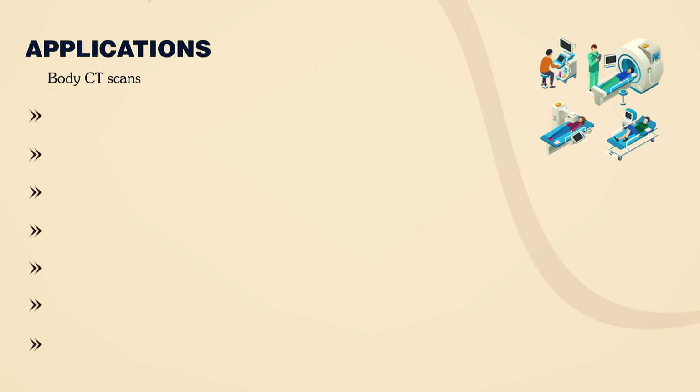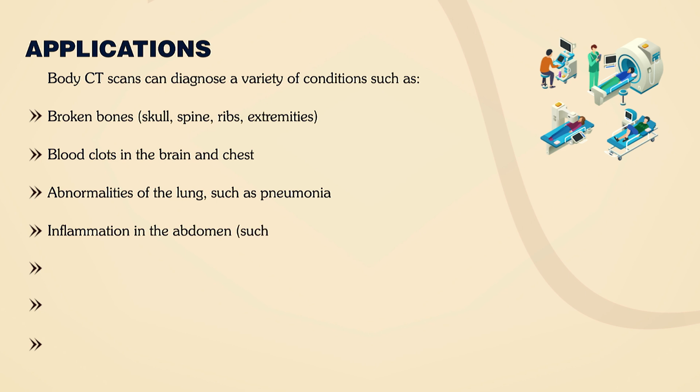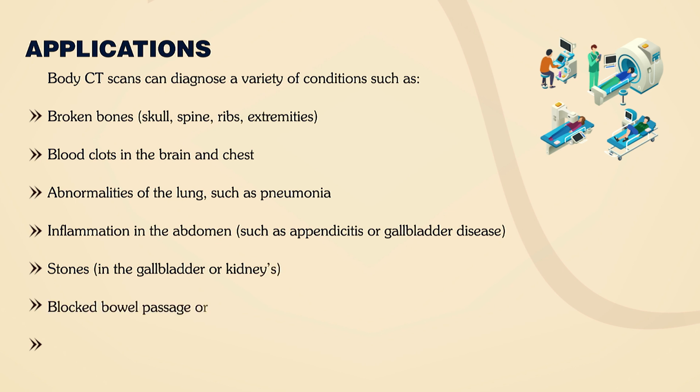Body CT scan can diagnose a variety of conditions such as broken bones like skull, spine, ribs, extremities, blood clots in the brain and chest, abnormalities of the lung such as pneumonia, inflammation in the abdomen such as appendicitis or gallbladder disease, stones in the gallbladder or kidneys, blocked bowel passage or twisted bowel, cancers in various organs and body parts. All this can be detected using CT images.